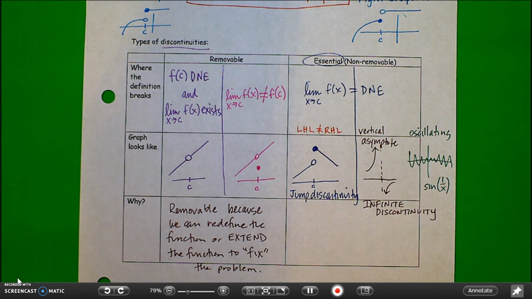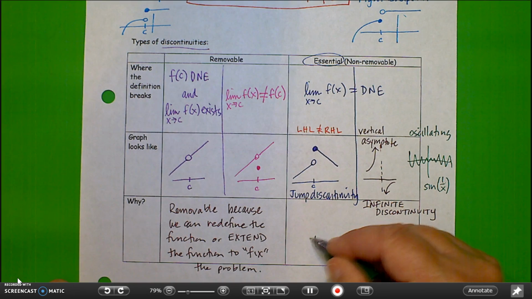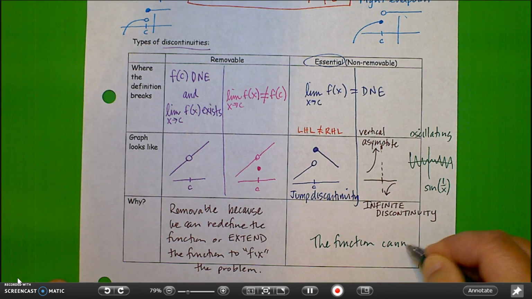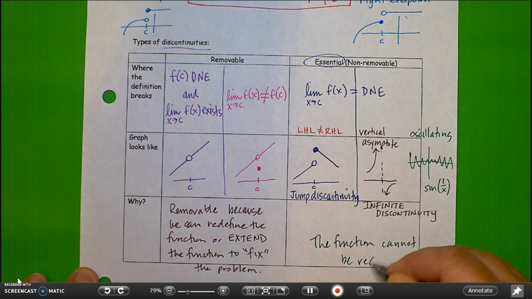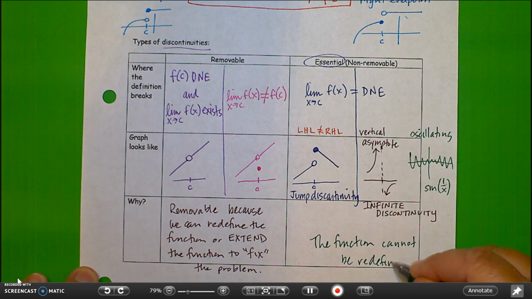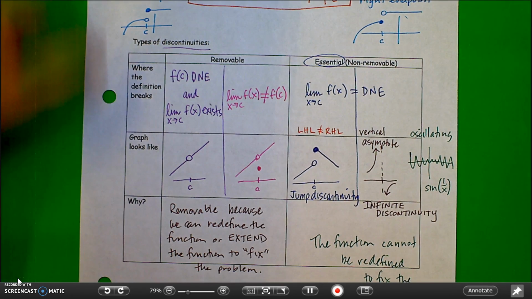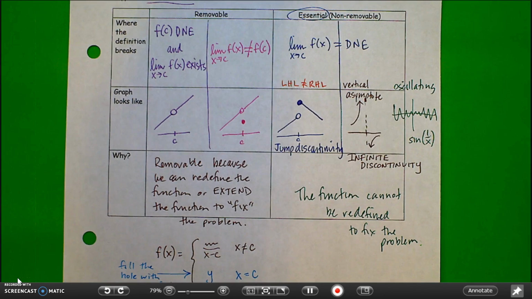So that's more of a unique case, but you'll see it. Okay, why are they non-removable, or essential? It's because the function cannot be redefined to fix the problem. Just realized I'm off the page. So it can't be redefined to fix the problem.